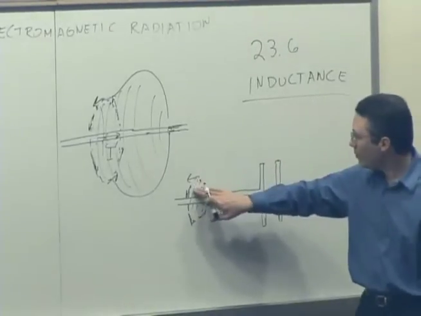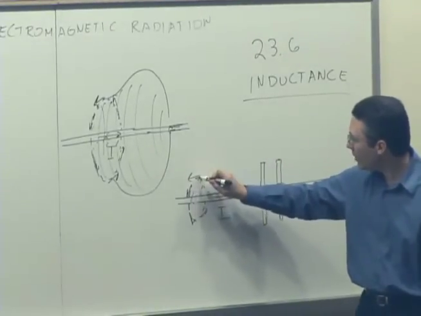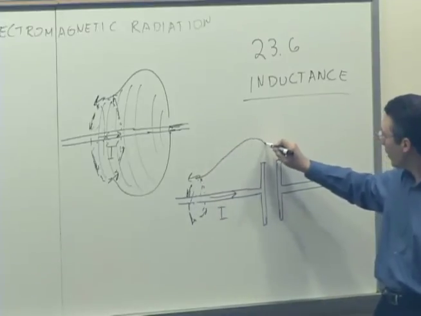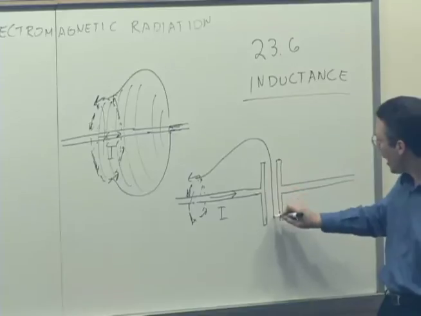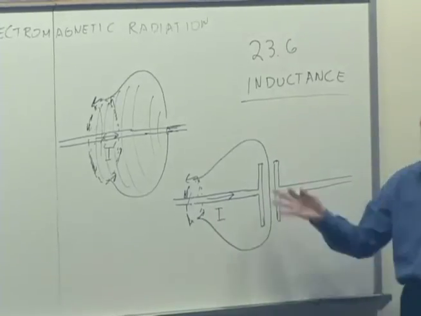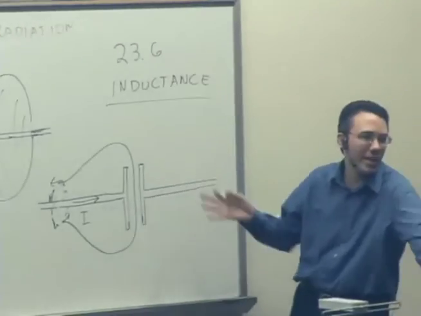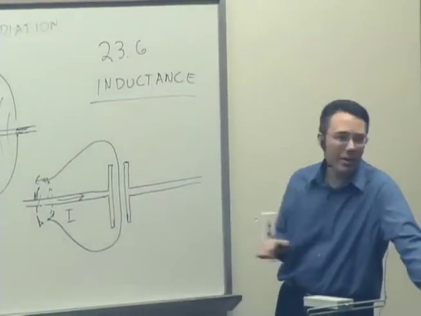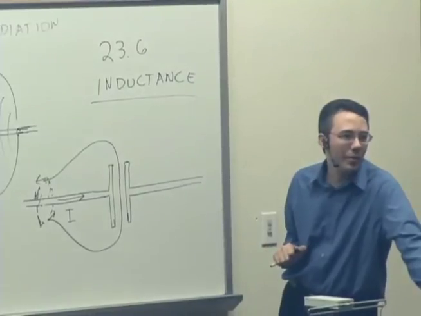But if I imagine the bowl shape now, and I'm going to stretch this bowl-like surface around one half of the capacitor. And again, that's a completely legitimate surface to think of, bound by that loop. Is there any current piercing through the bowl?